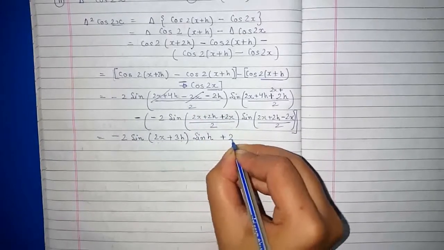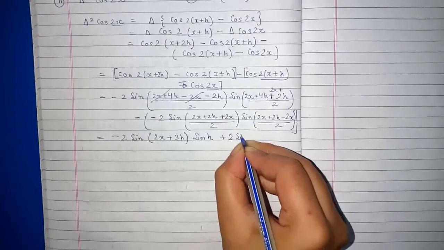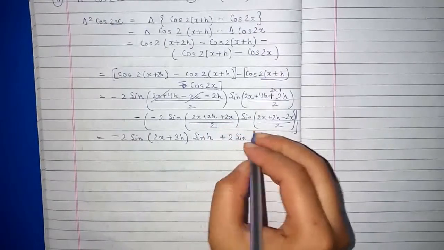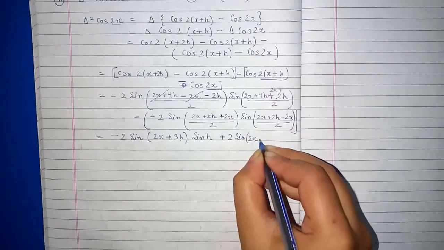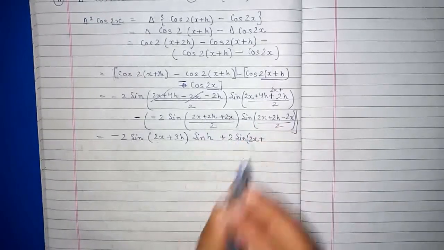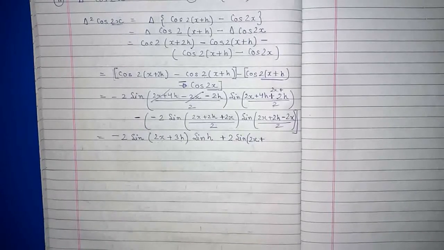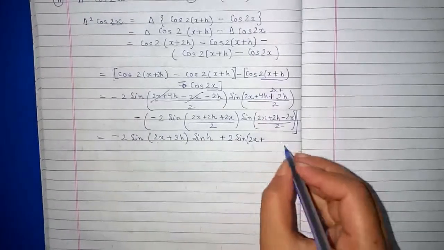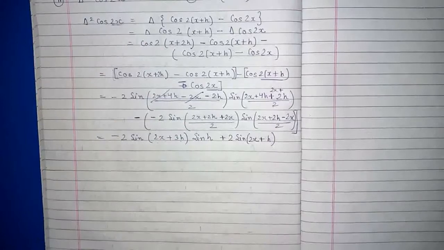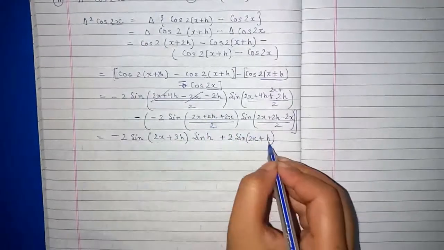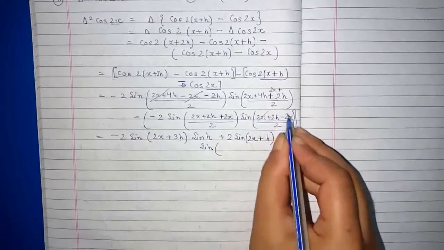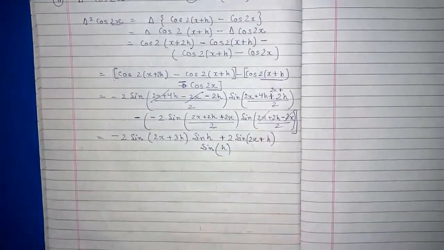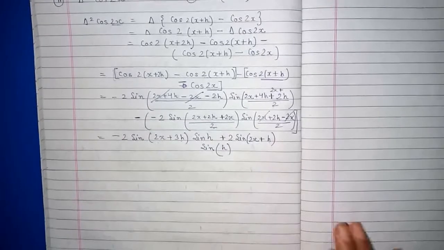Then plus 2 sine, 2x plus 2x is 4x, so it becomes 2x plus h, and 2h by 2 becomes h. So this is the overall calculation.